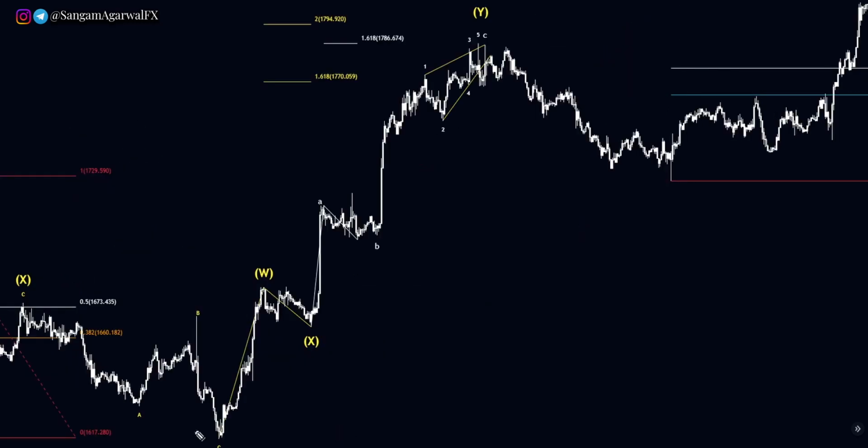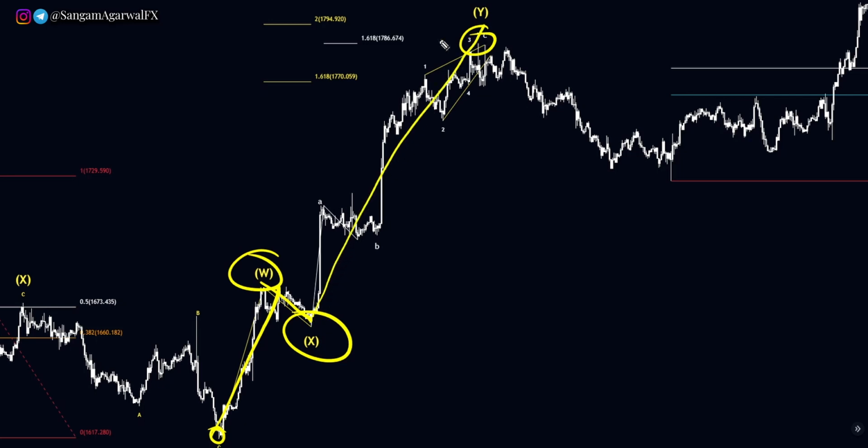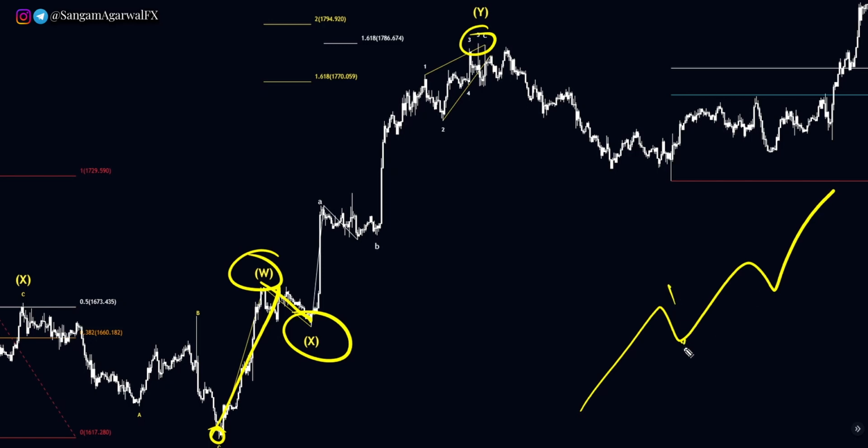Again we start wave counting, then we can call the bottom and we can call the top. Our first impulsive wave is W, then counter-trend correction X, then again impulsive wave Y, and like impulsive wave 1-3-5, extension is also possible in a corrective wave.